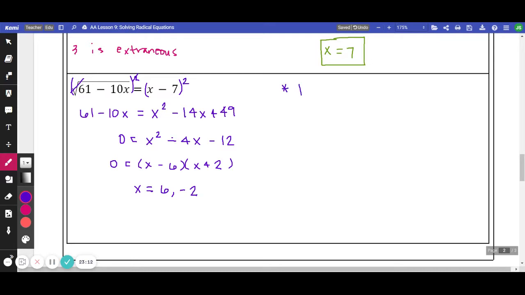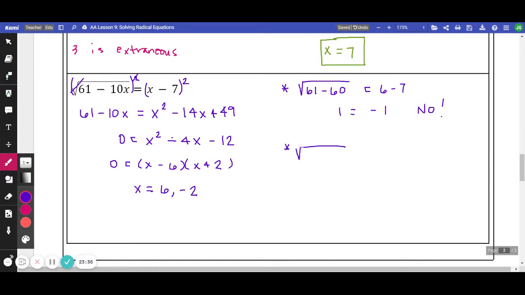And then did you remember to check? If I substitute 6 in there, I get square root of 1 is 1. 6 minus 7 is negative 1. That does not work. 6 is not a solution. If I test negative 2, because negative 2 will work, right?